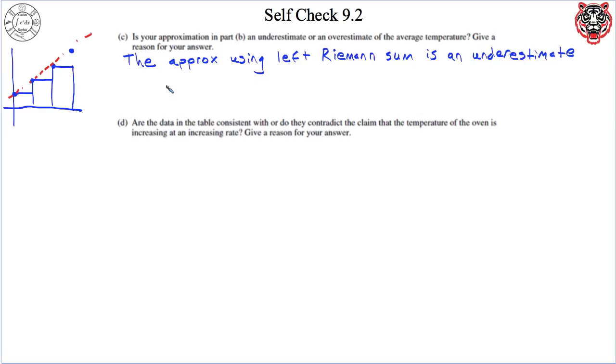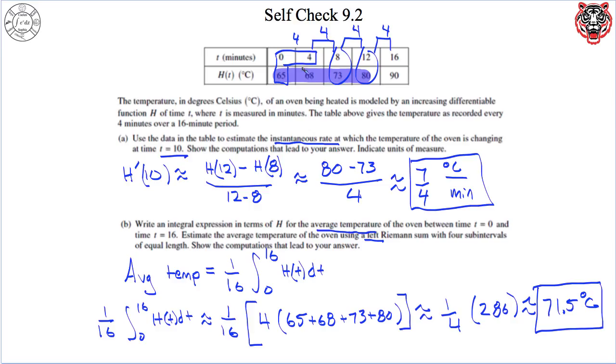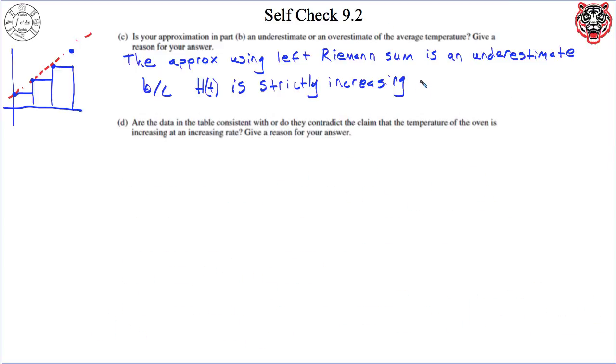And you basically just have to say, because H of t is strictly increasing. And on what interval? Our interval was between 0 and 16. Strictly increasing on that interval that we're given, 0 to 16. Perfect. And then finally part D.